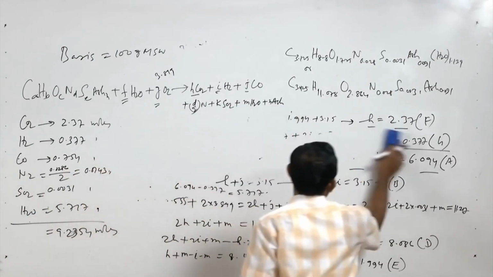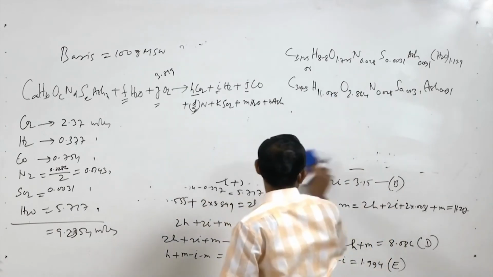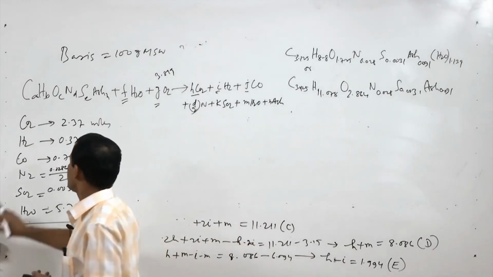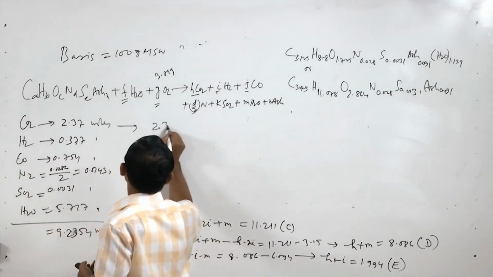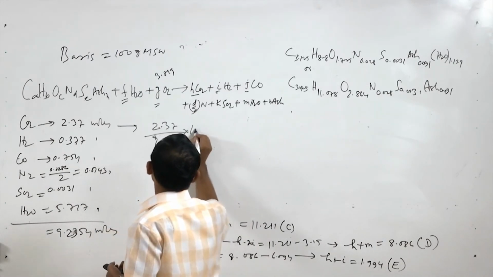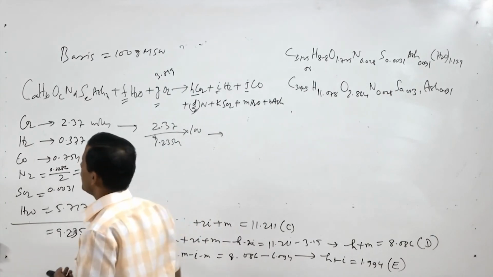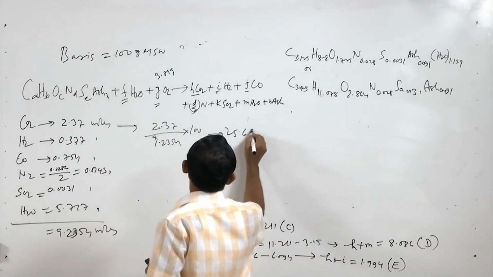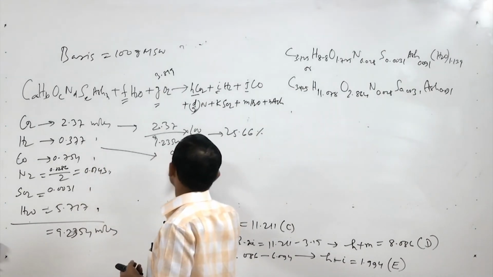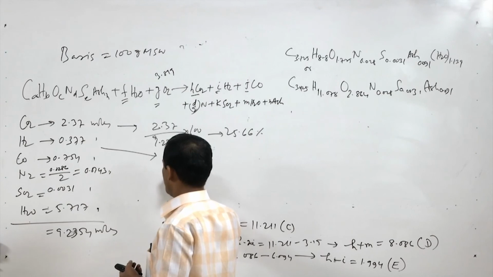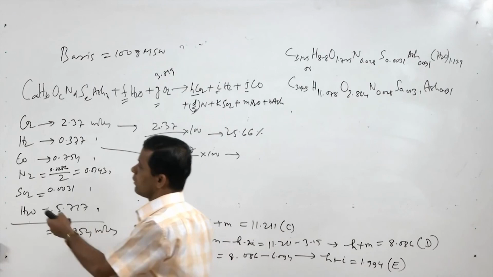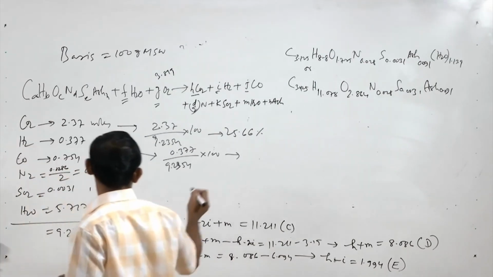So the percentage of CO2 is 2.37 divided by 9.2354 into 100, so it is giving us 25.66%. Similarly for hydrogen, it is 0.377 divided by 9.2354 into 100, so it is giving us 4.1%.